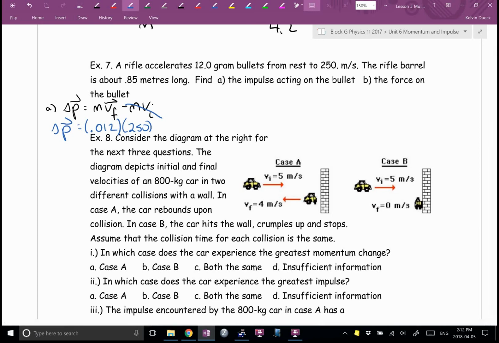I don't see any directional changes. 0.012 times 250. Is it 30? Or 3? 3. I'll go 3.0, and it's impulse, so it's kilogram meters per second, or Newton seconds, whichever one you choose to write.